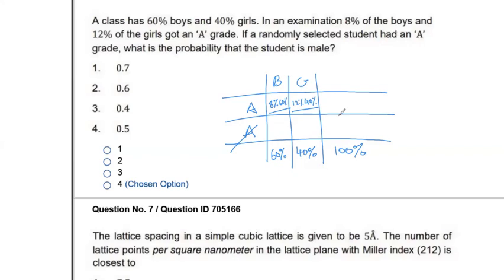So all I have to do is assume that this 100% is 100. I'll just do the math again. Okay. So 8% of 60% of 100 is 8% of 60, plus 12% of 40% of 100, so that's 12% of 40. So 8% of 60 is how much?